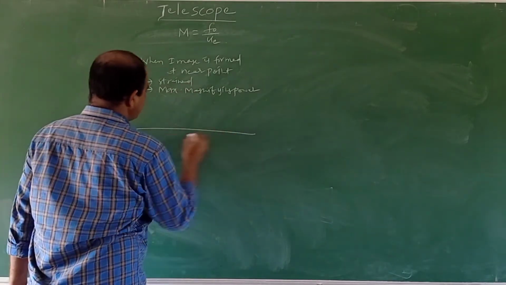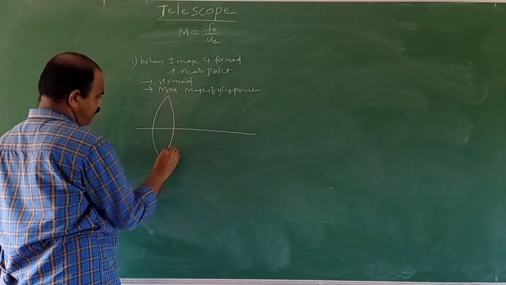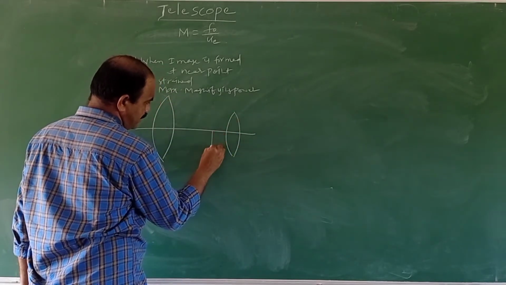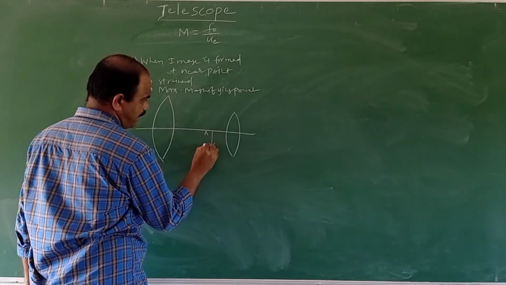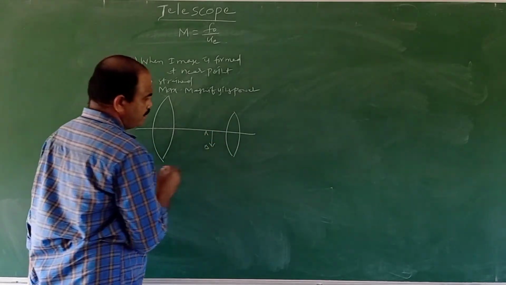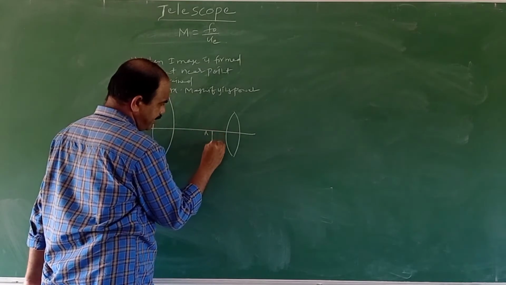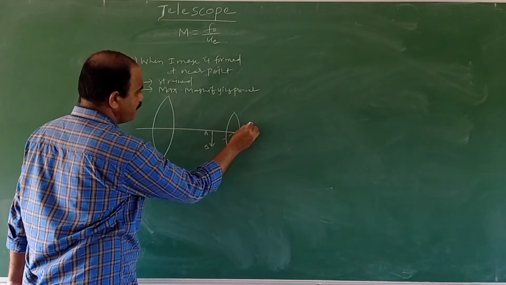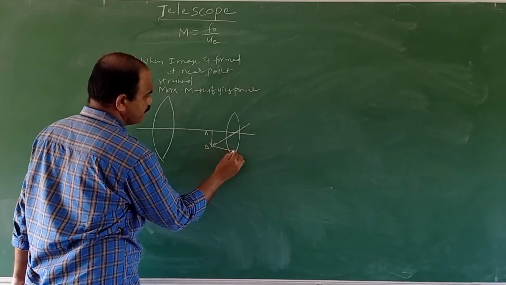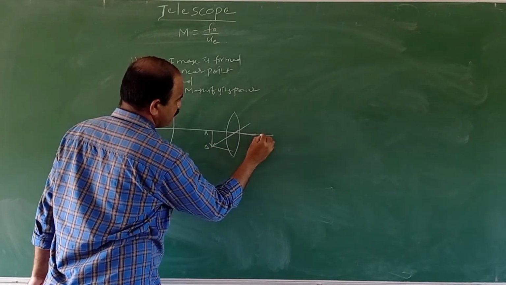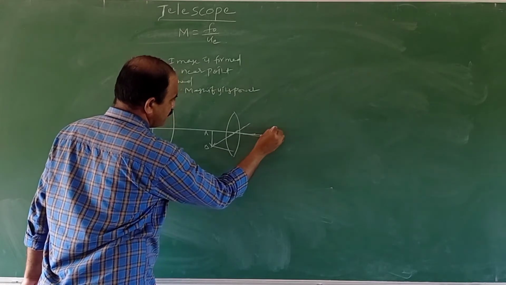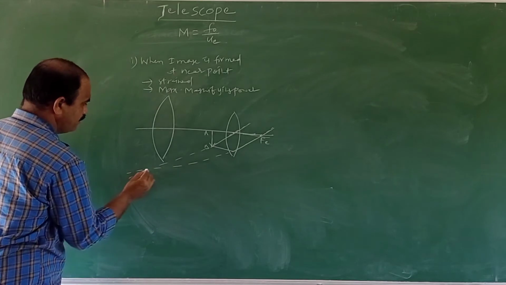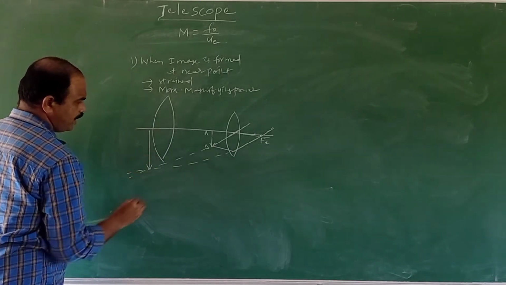Now consider the objective of the telescope and this eyepiece. This is the object for the eyepiece, named AB. If this object is adjusted such that the image is formed at the near point, then v_e is D, the near point or least distance of distinct vision, and this is the object distance u_e. We adjust the eyepiece such that the image is formed at the near point.